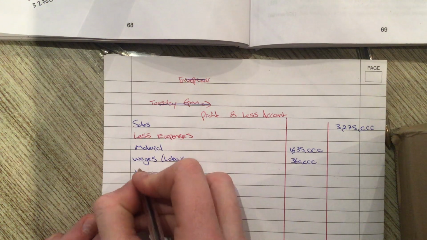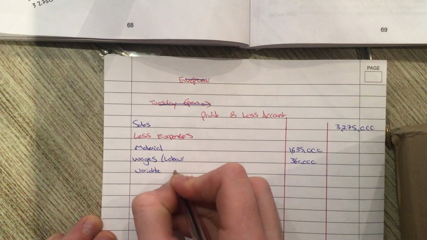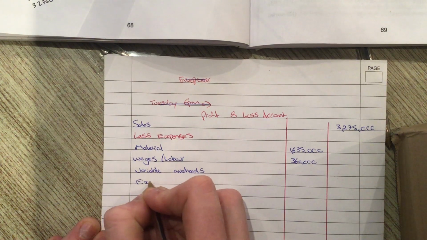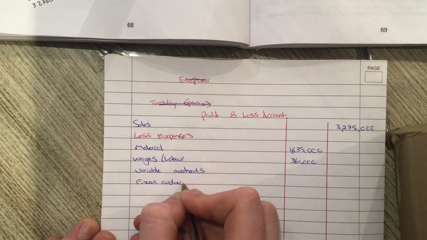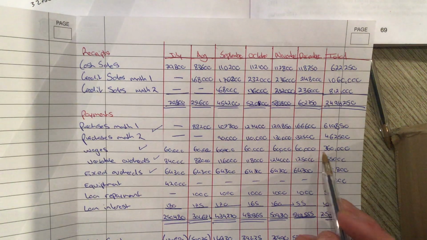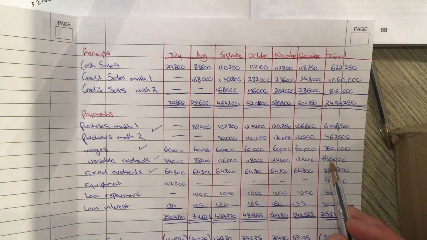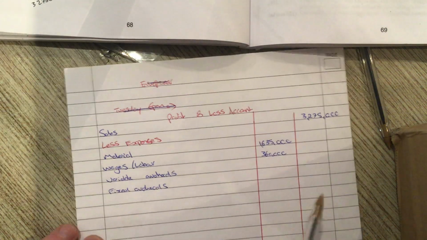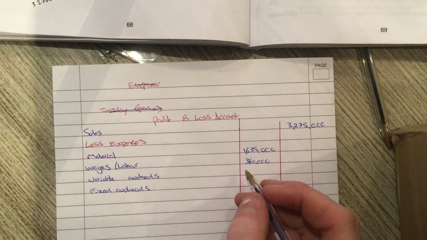Variable overheads and fixed overheads. And this is why I always do the total column, because my figures are both here for them. So variable overheads 655, fixed overheads 385,800. Okay, so that's where they're coming from.